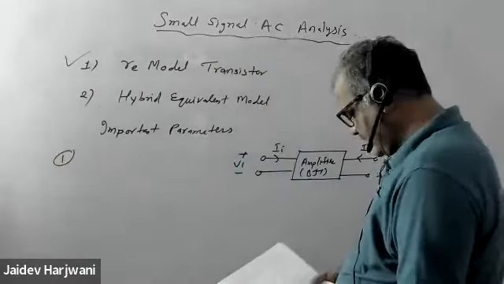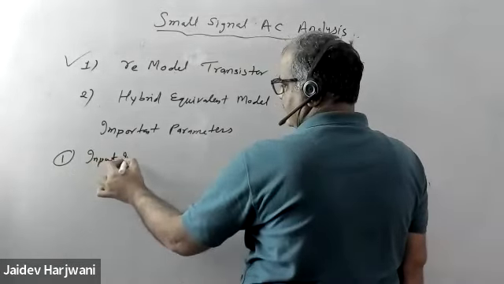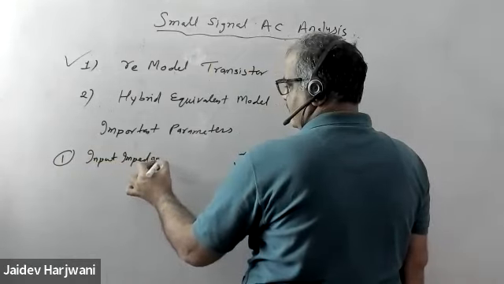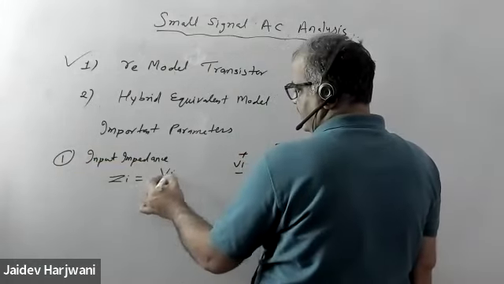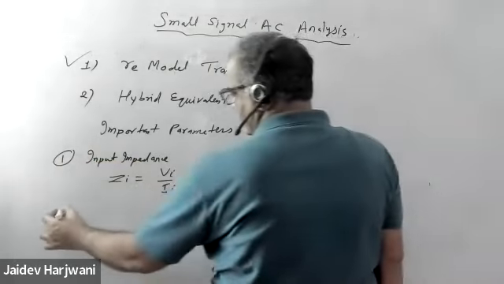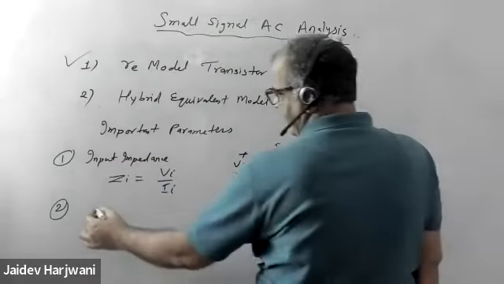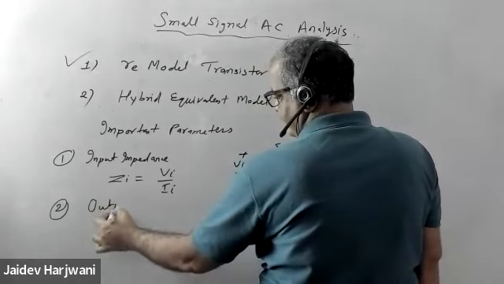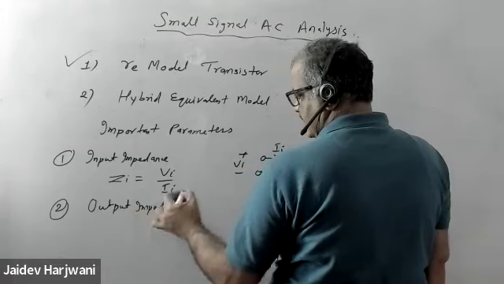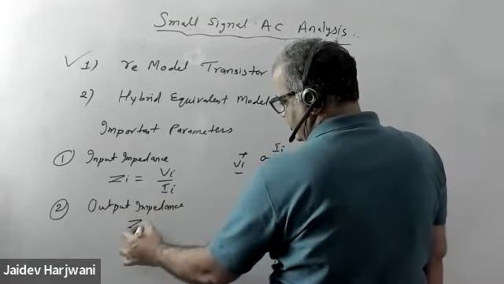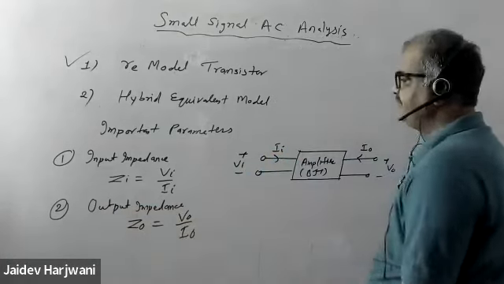One is input impedance, Z_i, that is equal to V_i upon I_i. The next is output impedance, denoted by Z naught, that is equal to V naught upon I naught.